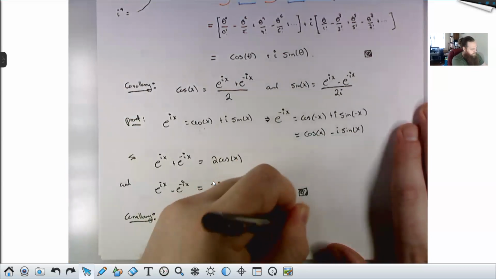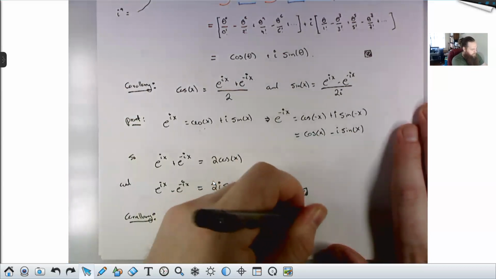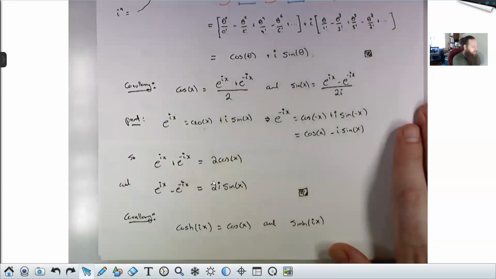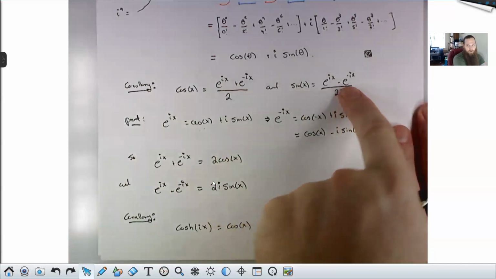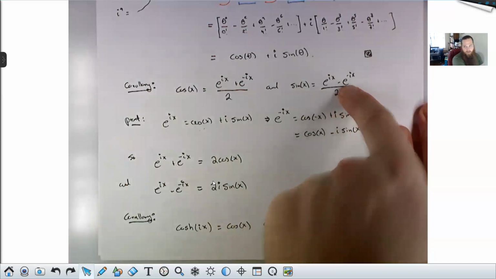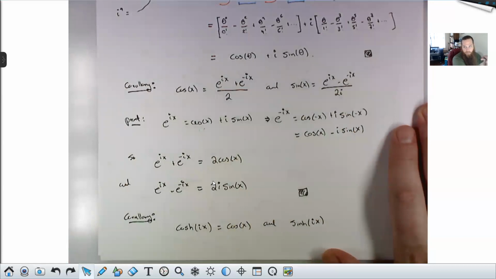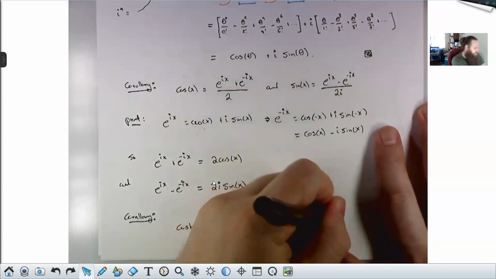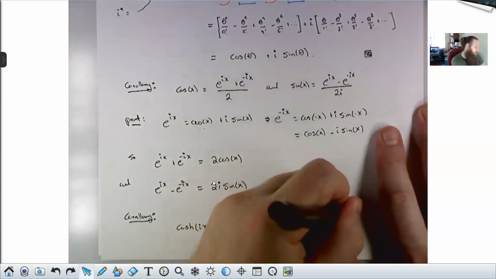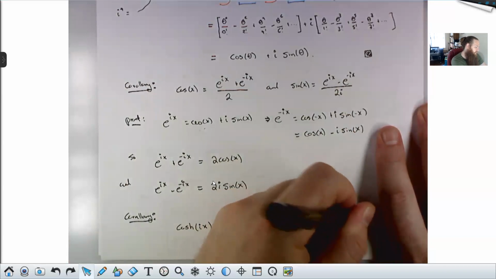And sinh, sine hyperbolic, of ix would give you this, but without the i downstairs. Take sinh, which is e to the x minus e to the minus x over 2. Then that would give you not quite sine, but i times sine x.